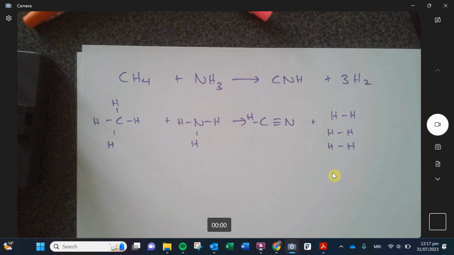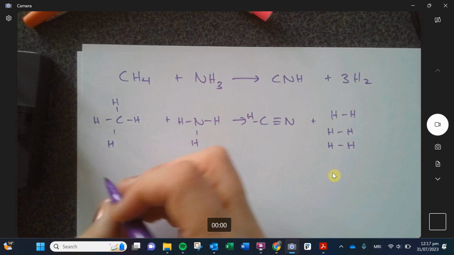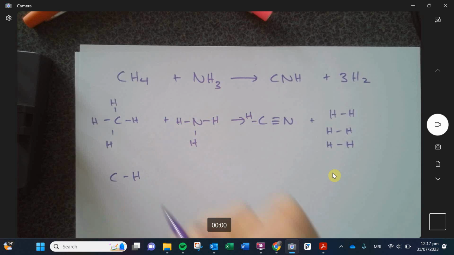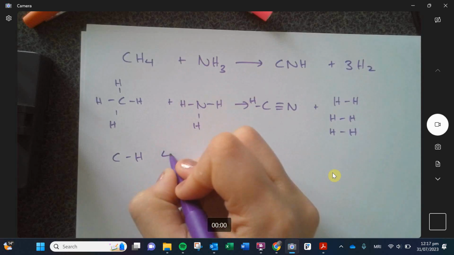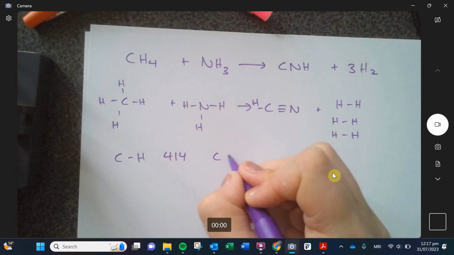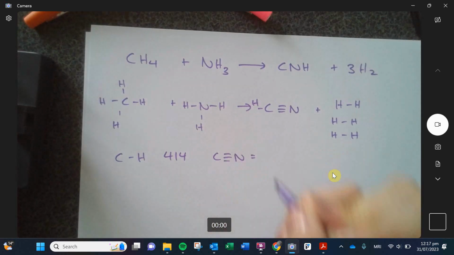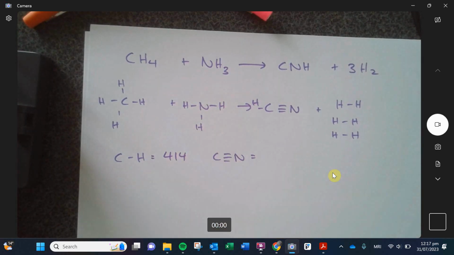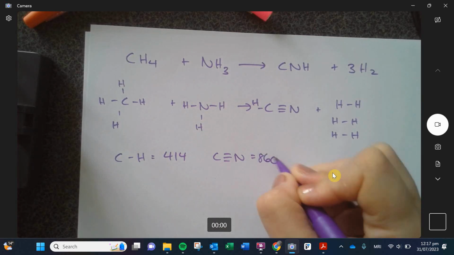All right. So in this example, they have given you the bond energies for the carbon to hydrogen, 414. They have given you the C triple bond N, and that one is 860.